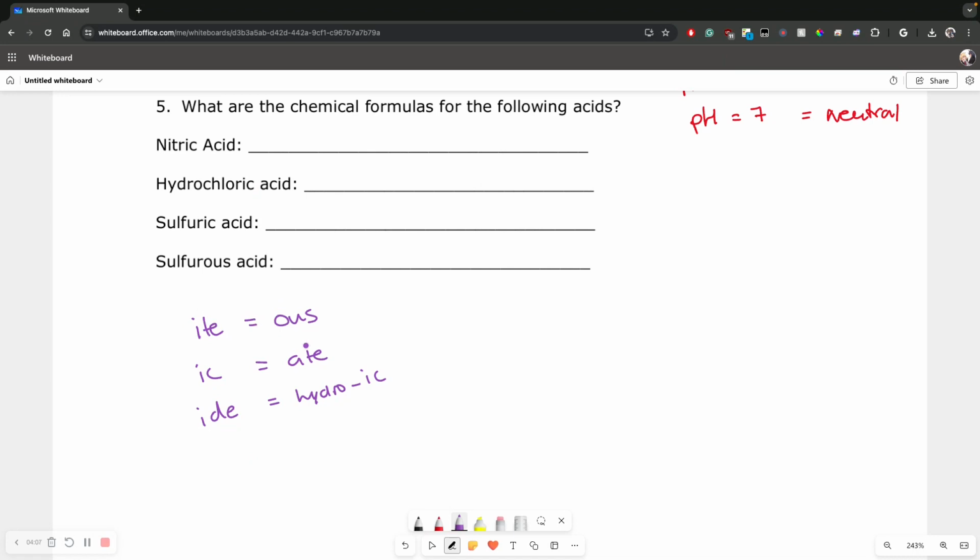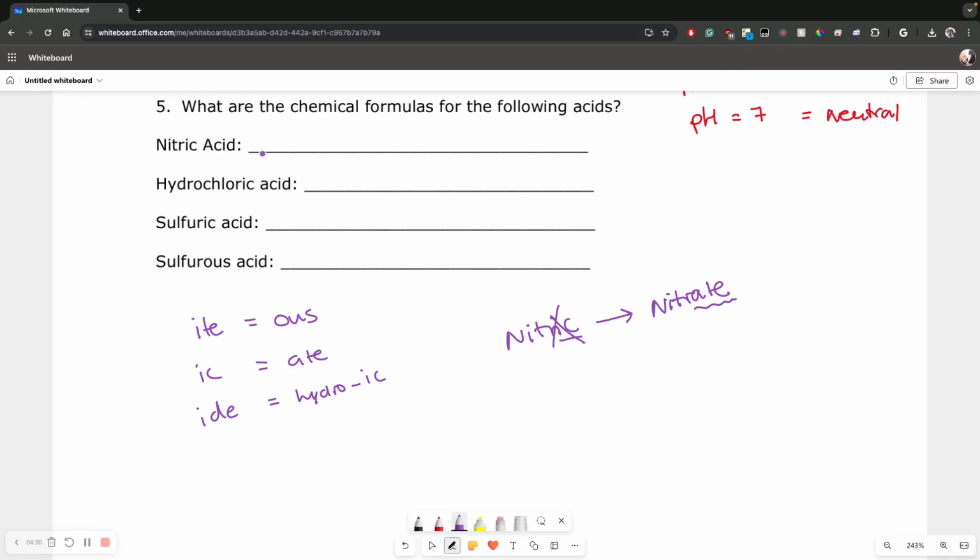So nitric acid ends in IC, so it will be the nitrate ion. Nitric gets replaced with nitrate. That's how it works.